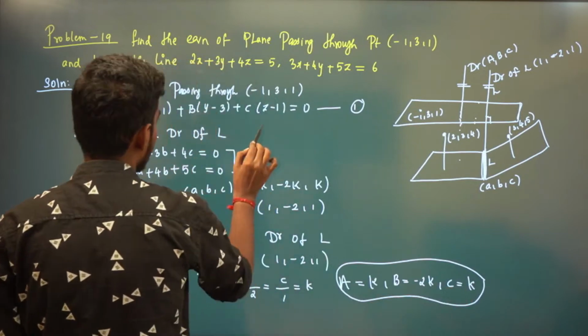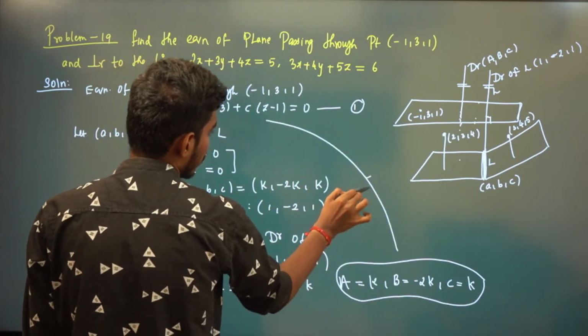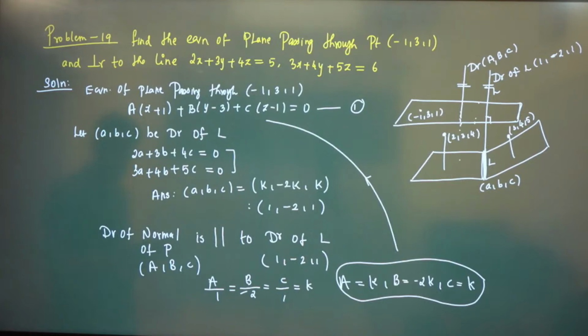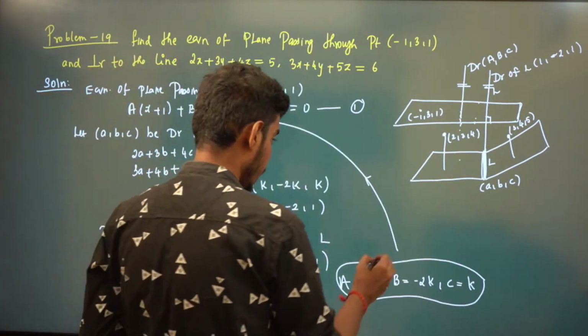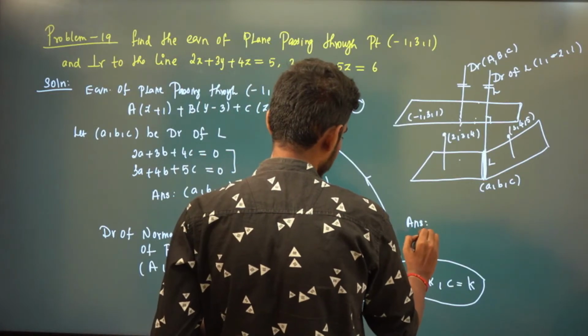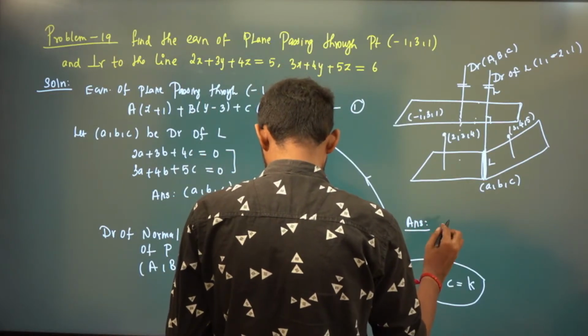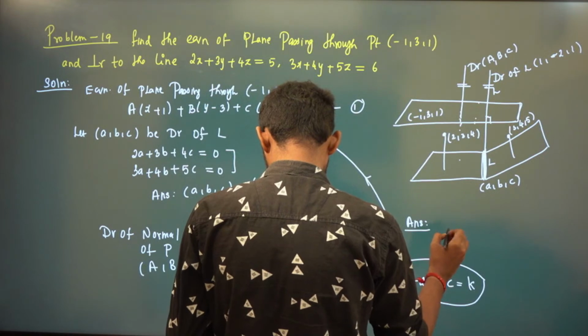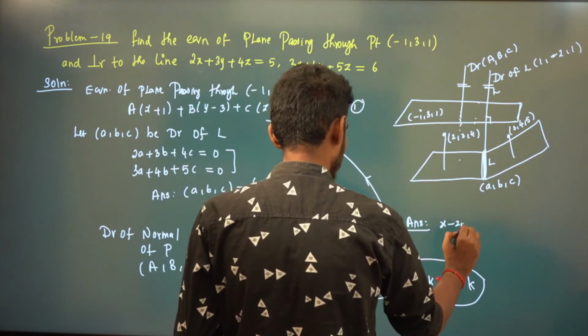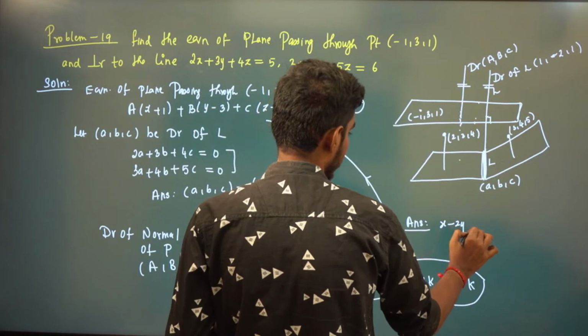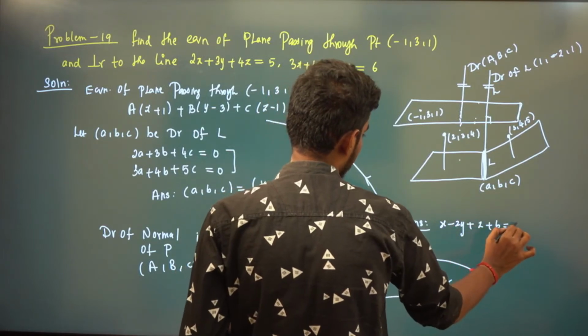Now substitute this A, B, C here, right? You will get the equation of plane as x minus 2y plus z plus 6 is equal to 0.